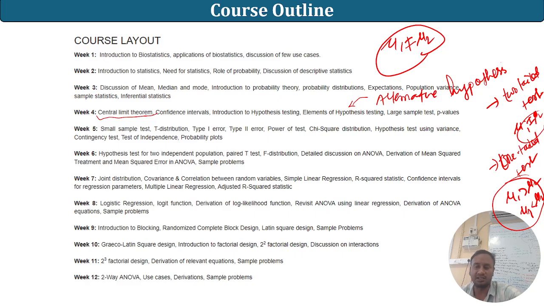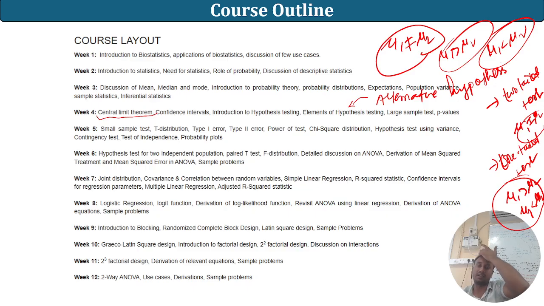So it is called a two-tailed test. It can go either way; we are not specifying it. Then we have, let's say, mu1 greater than mu2, or mu1 less than mu2. So that we will take.